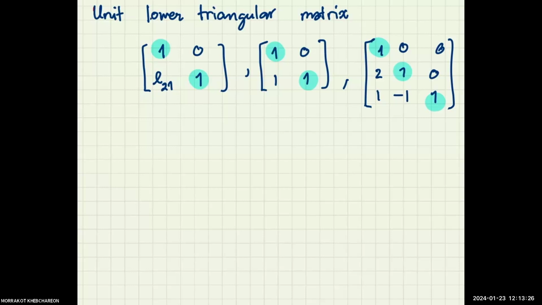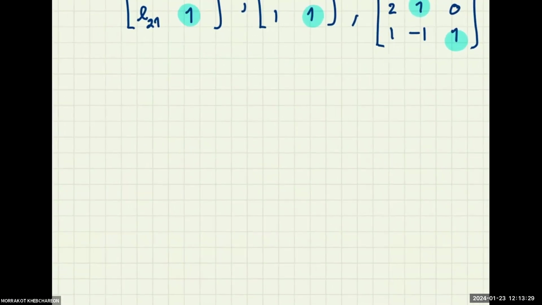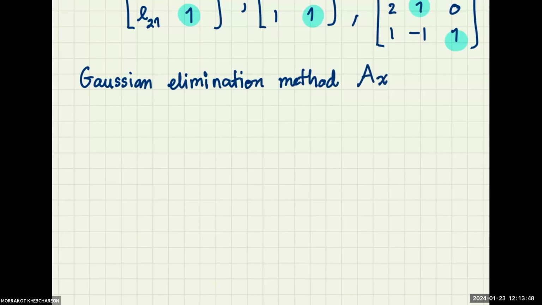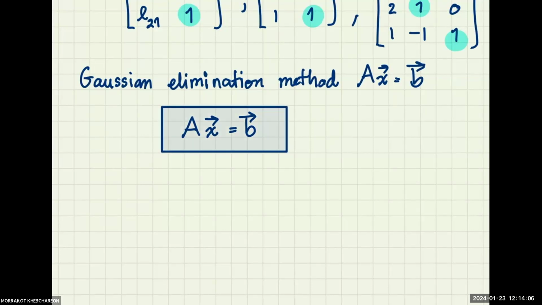Okay. What we try to do on Friday is I will introduce you to what we call the Gaussian elimination, for solving AX equal to B. What we try to do is change the system AX equal to B. We use all those three operations that I told you: we can swap any 2 rows, we can multiply any row with a constant, and we can add or subtract any 2 rows.